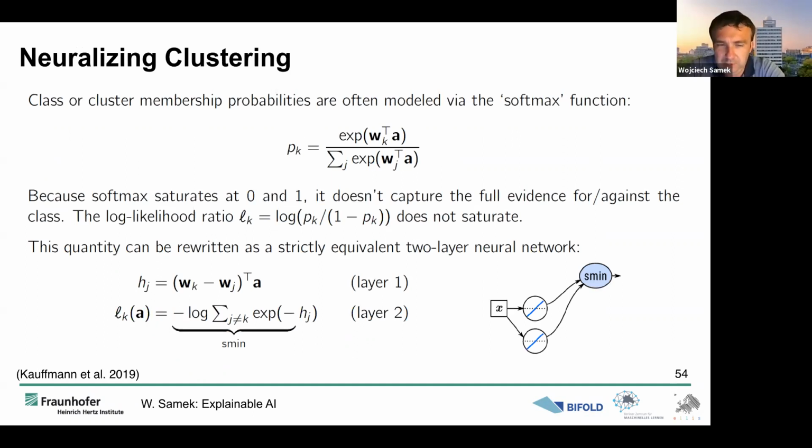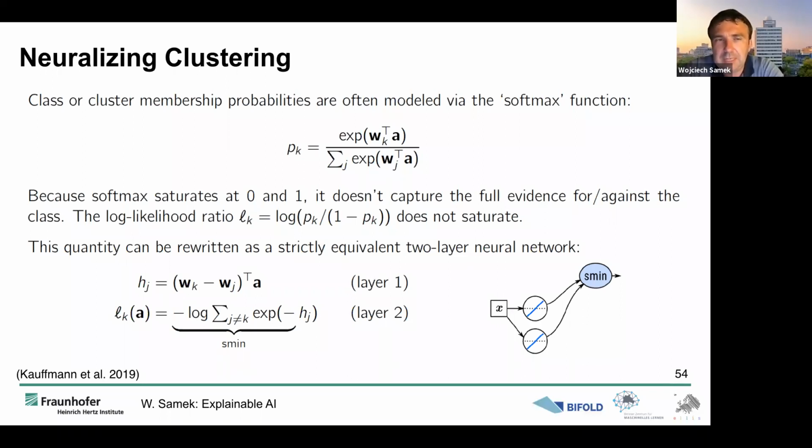I will not go into details here, but the idea is that we have a clustering solution. So we trained K-means or soft K-means to give us a clustering.